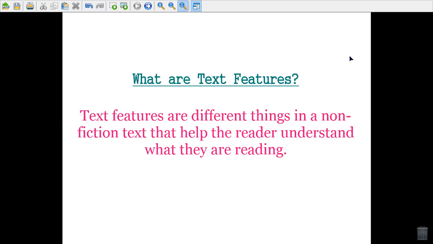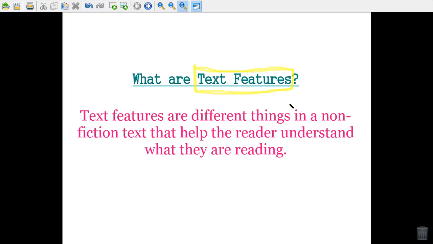In your reading notebook, you are going to have text features as your next title in your table of contents in your reading or your language arts notebook. Ooh, look at my rectangle. It's pretty crooked. There we go. Text features. And you can pause the video here if you need to.